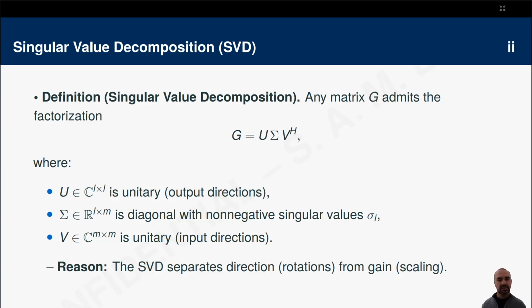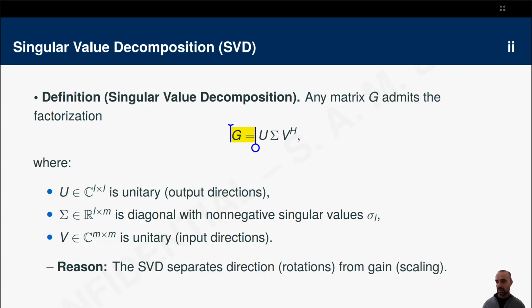Let me go further, and as we go further, you're going to understand why it is true and why it works, although you can take a look at any linear algebra textbook and find a proof for that. This G equals U sigma V H works for any matrix: square, rectangular, tall, wide.